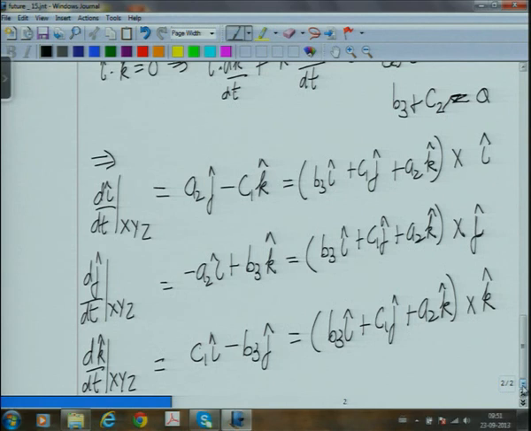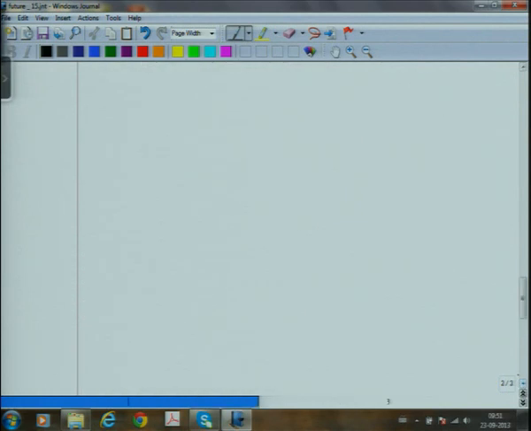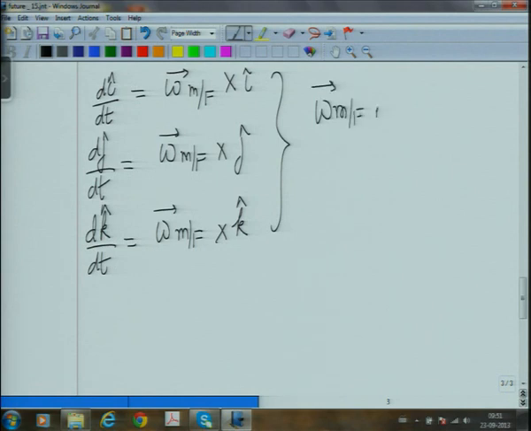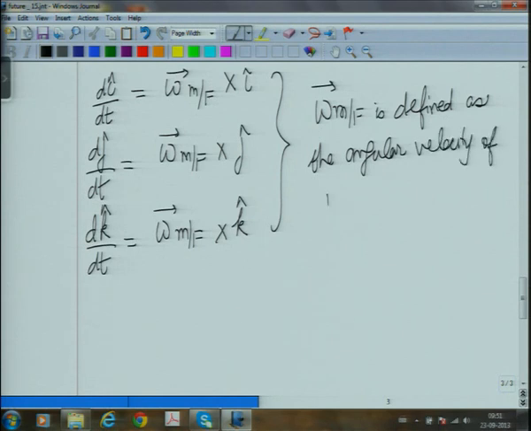So, in mathematical terms, I can write di by dt is equal to this vector, which I will call omega of m with respect to f, cross i, dj by dt is equal to omega of m with respect to f cross j, and dk by dt is equal to omega of m with respect to f cross k, where omega of m with respect to f is defined as the angular velocity of m with respect to f.